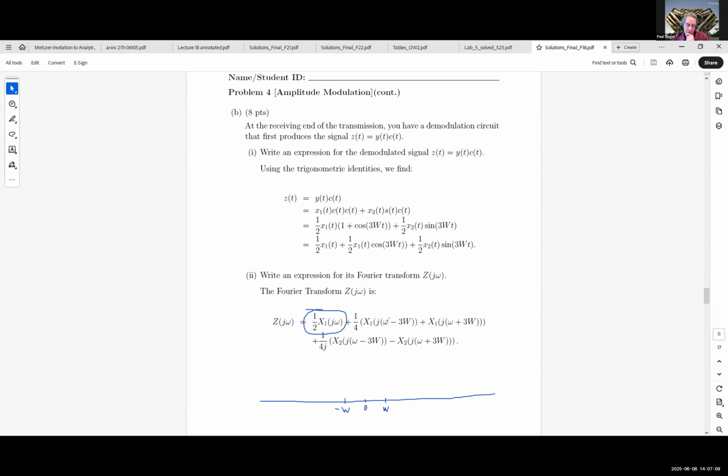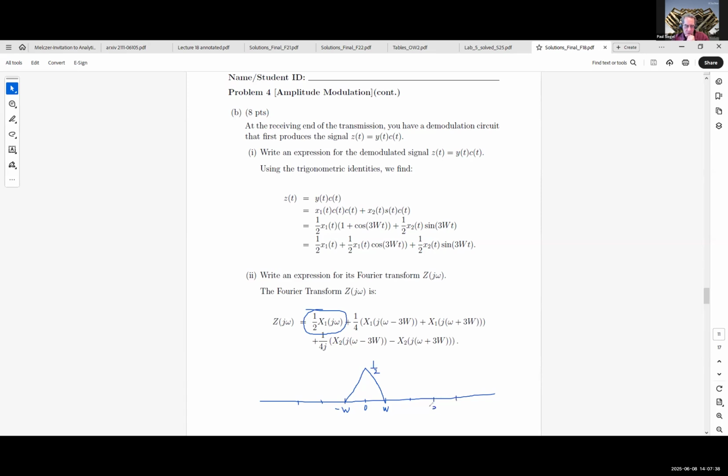Then we have copies of x1 of j omega at 3w and minus 3w. For convenience, I'm going to use the triangle rather than that fancy looking thing. And we have a factor of a half in front. Then we have these, which look like x1 of j omega, but scaled by a quarter.